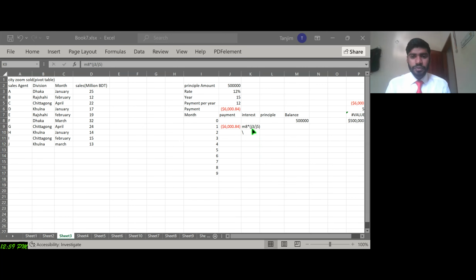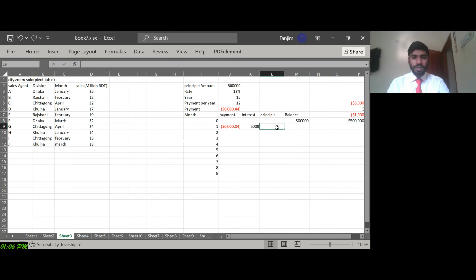After that we freeze J3 and J5 here, and then we can see the interest rate. Okay, then we can calculate it. Here we can see that 5,000 is the interest, so now we find the principal.